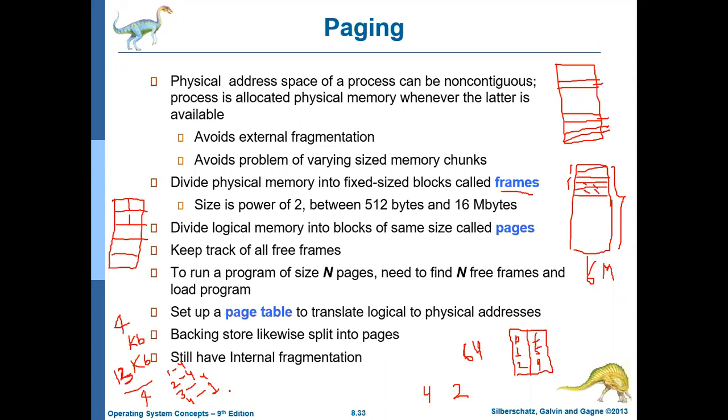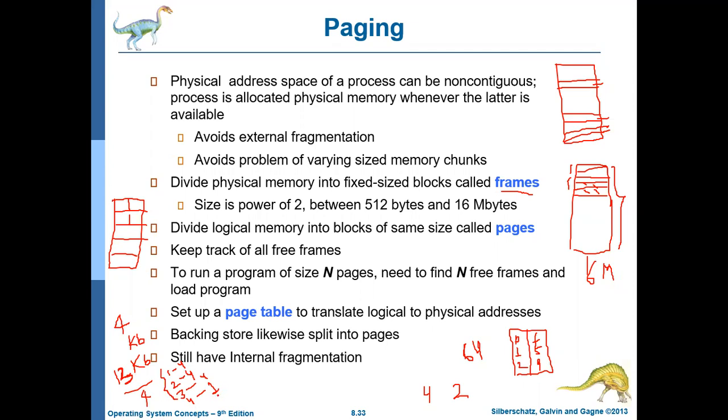So this problem is known as internal fragmentation, but it will be very less because all the pages from 1 to 3 will be completely occupied. Only the last page will have some free space.